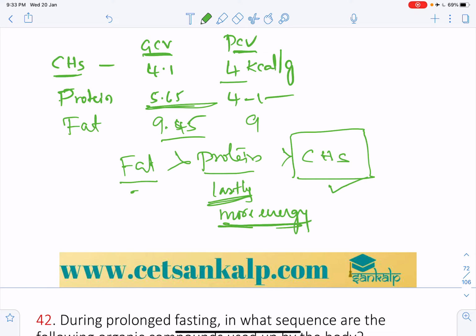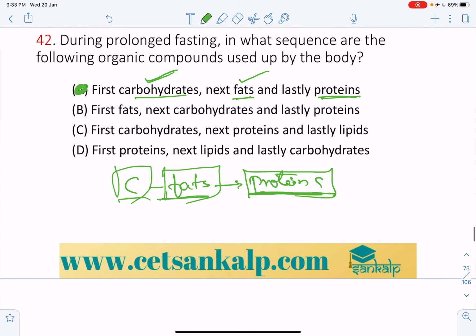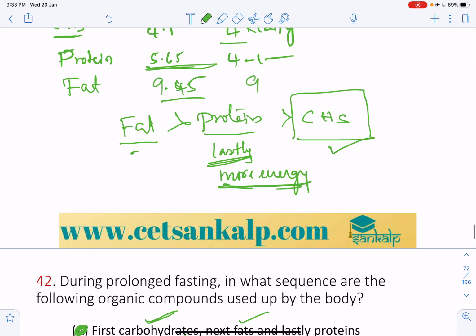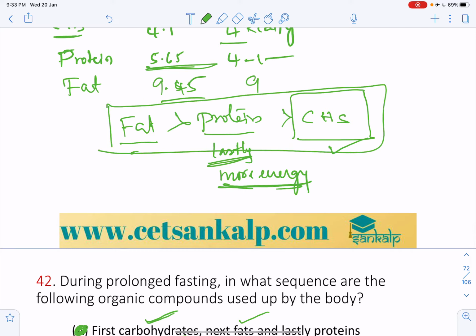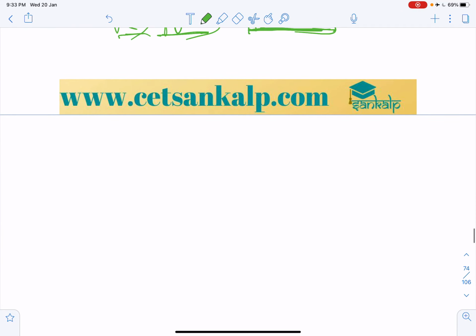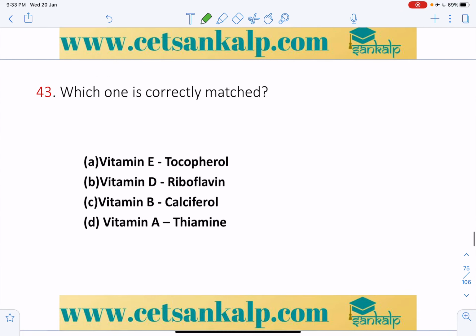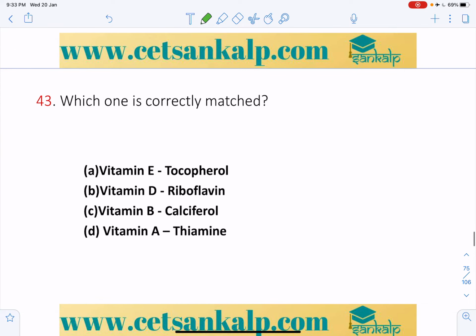So you may get the question as ascending or descending order of calorific value. Next question we can take related to vitamins.